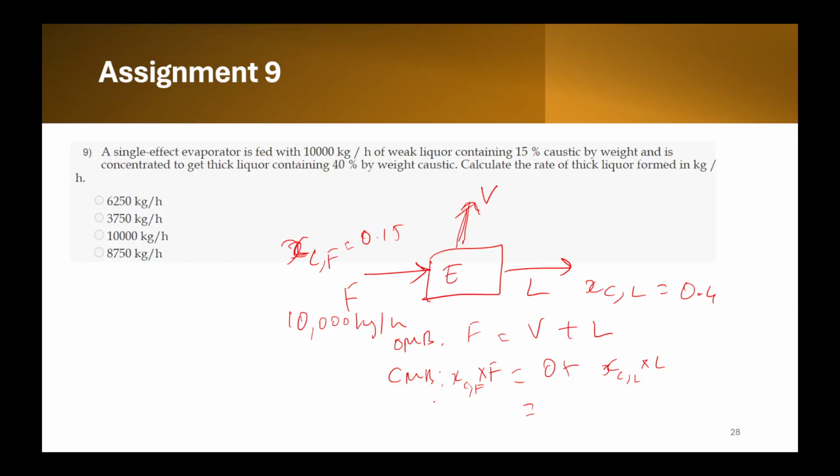So we know XCF is 0.15 into 10,000, XCL is 0.4 into L. So from here, you can get the L. So it gives you 3750 kg per hour. So the correct answer is second option.